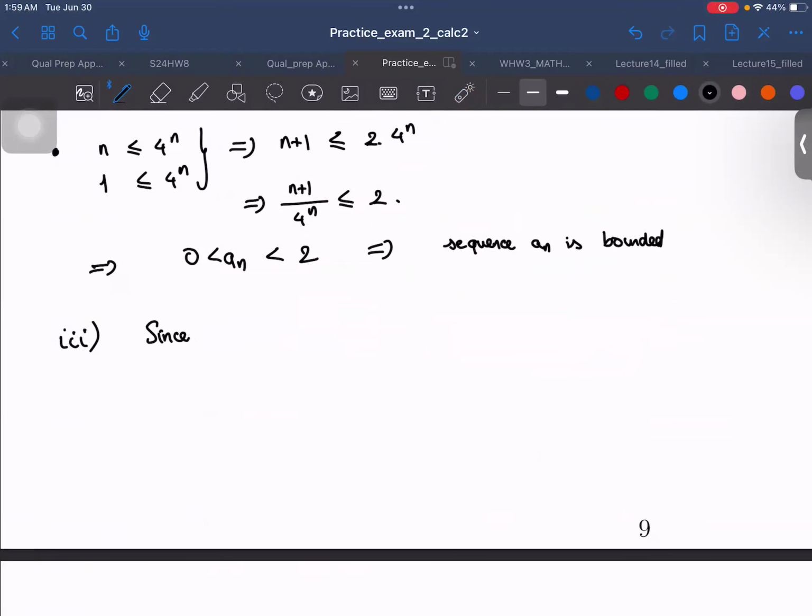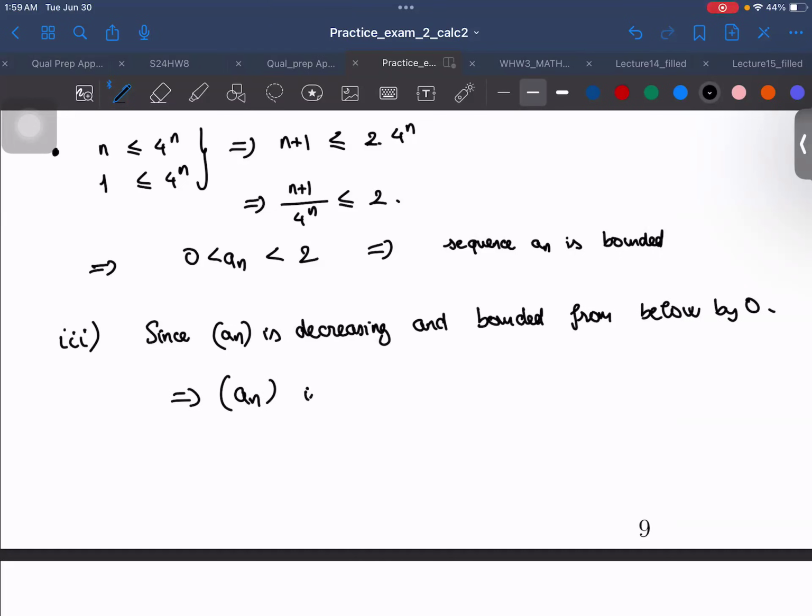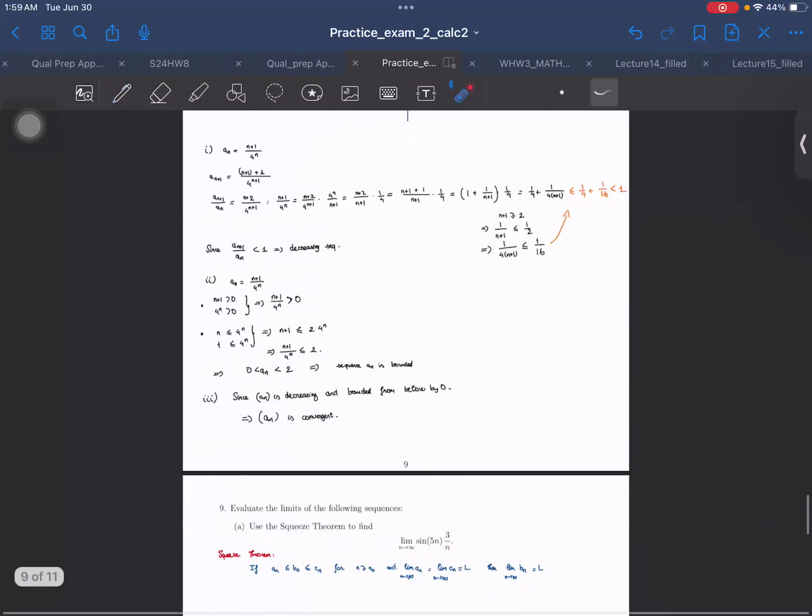Since an is decreasing and bounded from below by 0, then an is convergent.